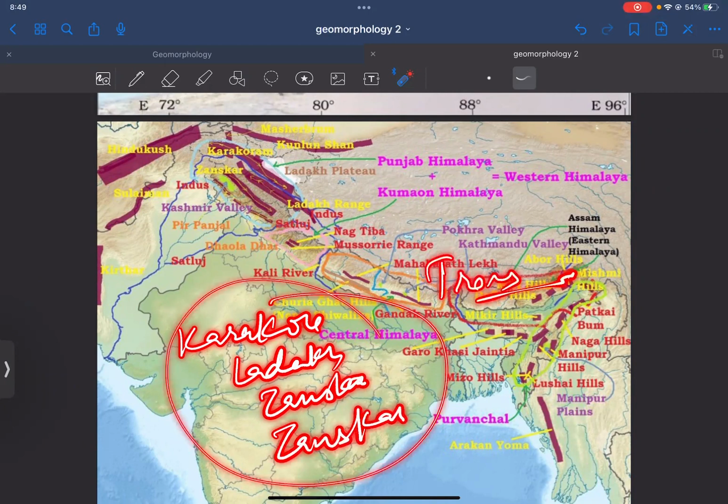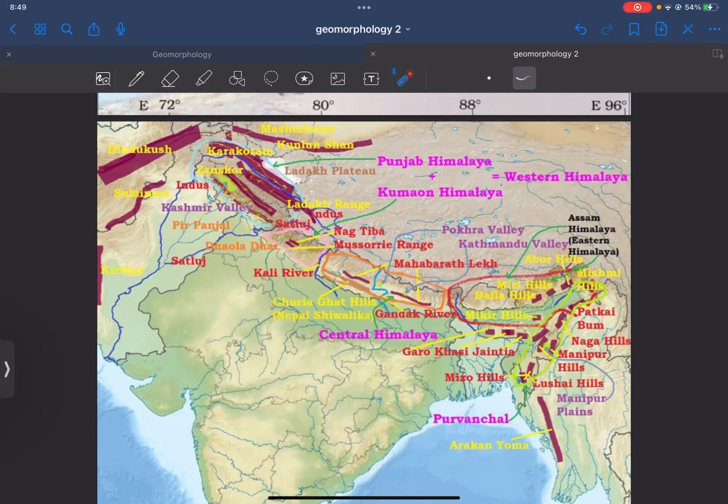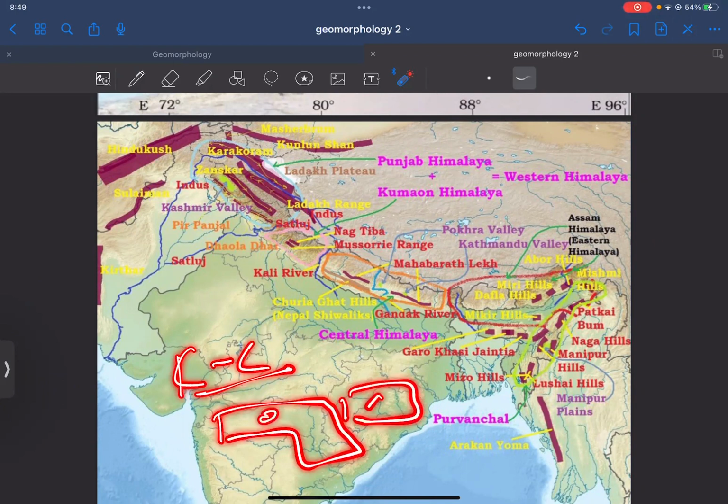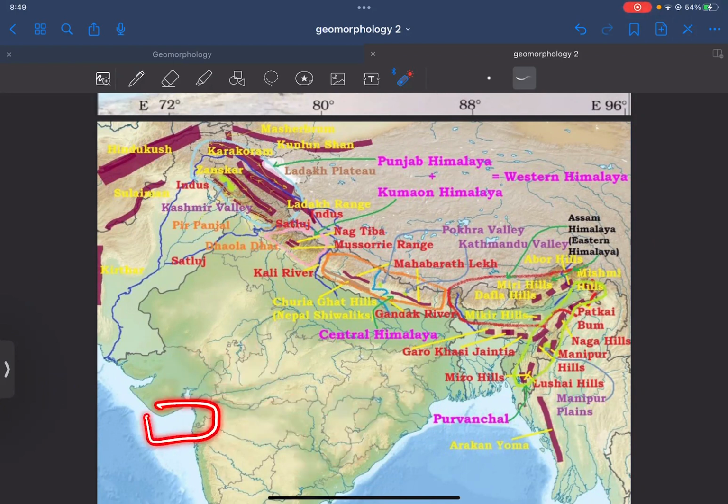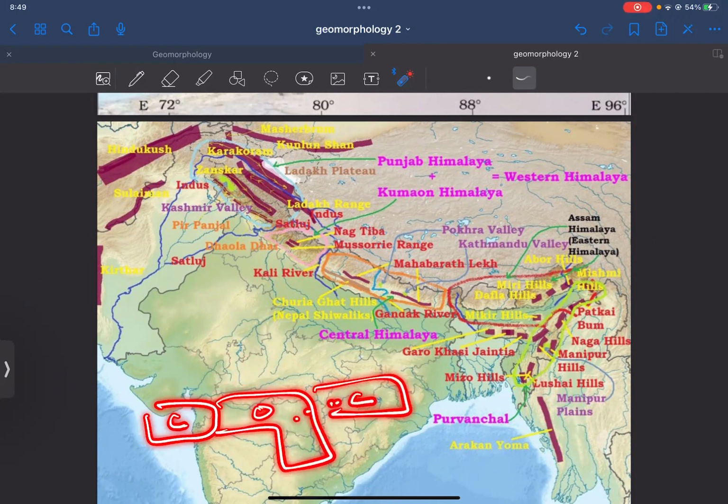Now see how the Himalayas were formed. The first phase was ocean-continent convergence. In this first phase, the Himalayas that were formed were the Trans Himalayas, and over there volcanic mountains, or volcanic rocks, were also formed.